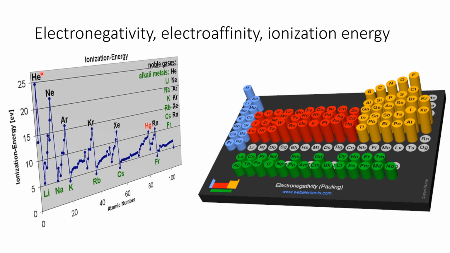Now we can see that the alkali and the alkaline metals, and in general metals, have a really low ionization energy, which means they don't need so much energy to give that electron off.